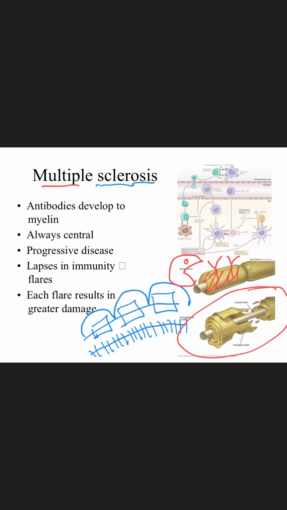Multiple sclerosis is central, meaning that it affects the CNS, the central nervous system. That's different than Lou Gehrig's disease, for example, amyotrophic lateral sclerosis. Lateral means to the side of the central nervous system. If this is the brain and this is the spinal cord, then that's your central nervous system.